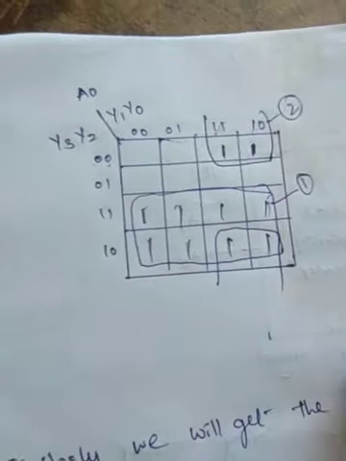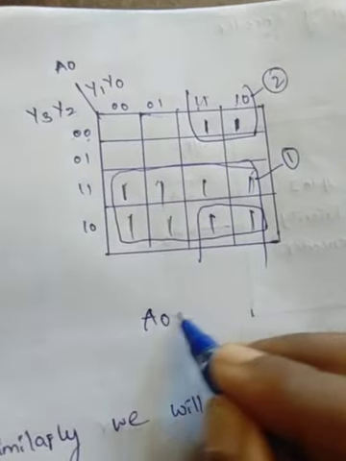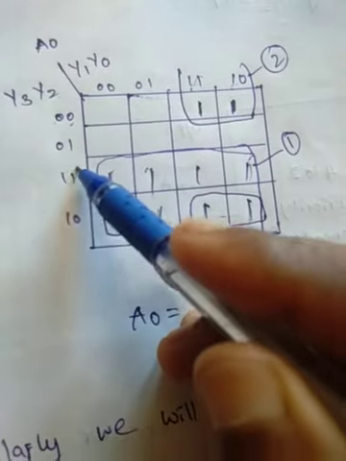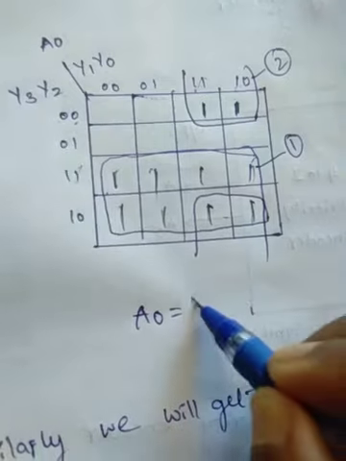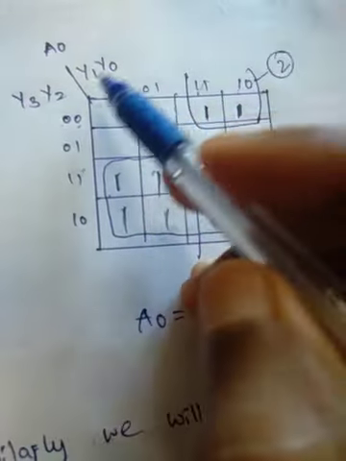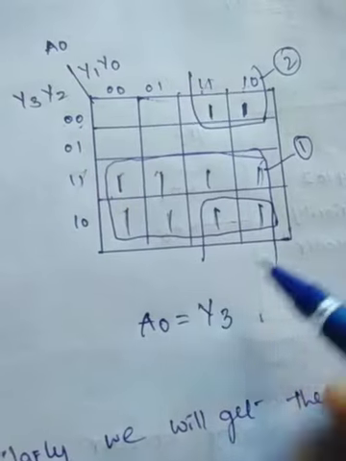And the equation for a0 is equal to, so here y2 is cancelled, only we get y3, so entire row, so y1, y0 terms are also cancelled.